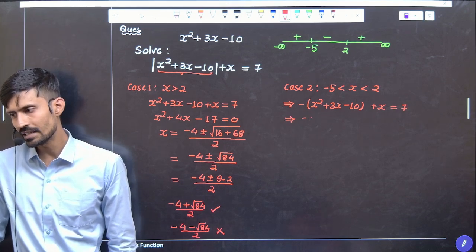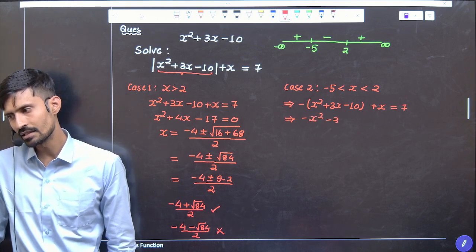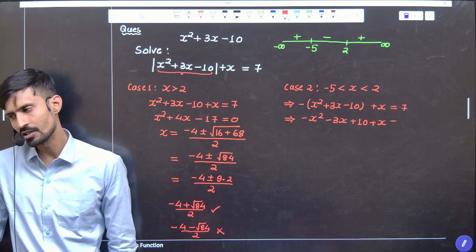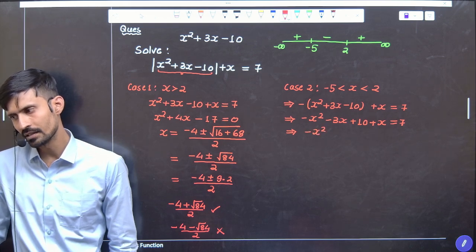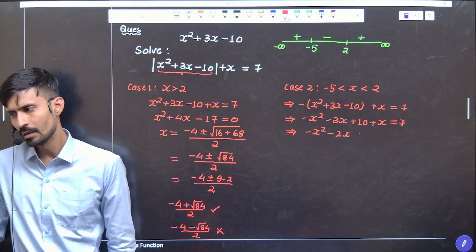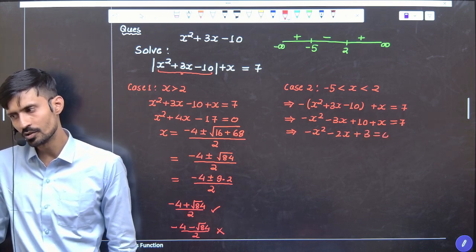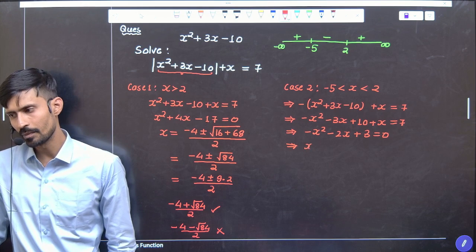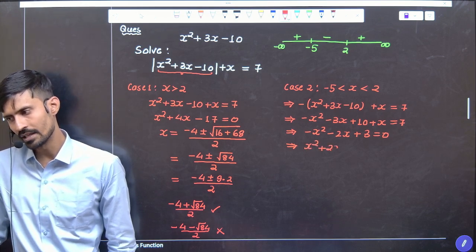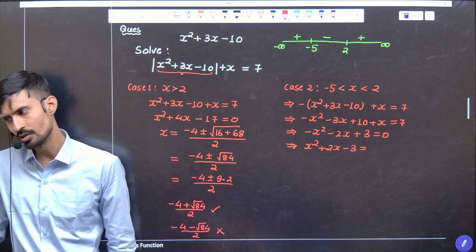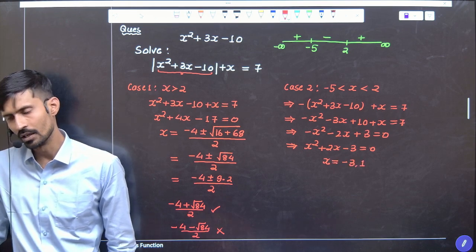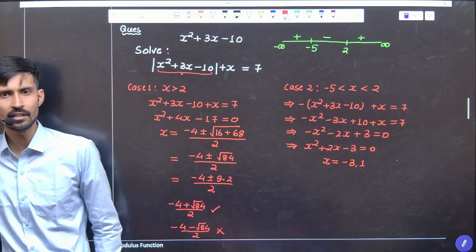Now this will give minus x square minus 3x plus 10 plus x is equals to 7. And now I will write minus x square minus 2x plus 3 is equals to 0. If you are not comfortable with minus x square, take all terms to that side, and that will become plus x square plus 2x minus 3 is equals to 0. And here the x value will be minus 3 and 1.